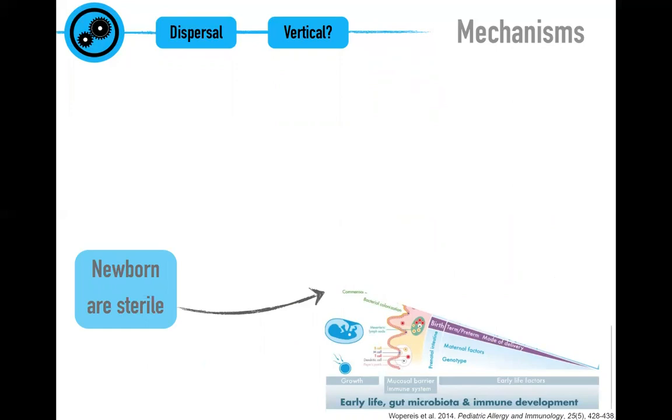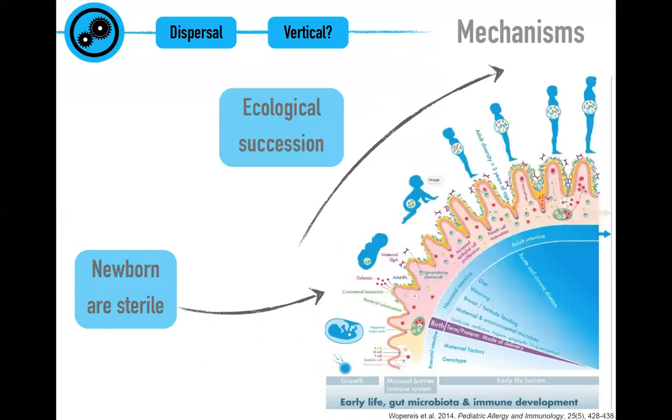A newborn is sterile, so there are no gut microbes in the gut of the newborn, and the gut microbiome develops over a couple of years. It's actually an ecological situation. You have a high turnover for the first couple of years, and then it stabilizes. So the microbiome is established during the first years, and the question is from where?